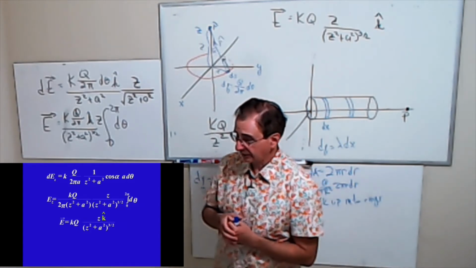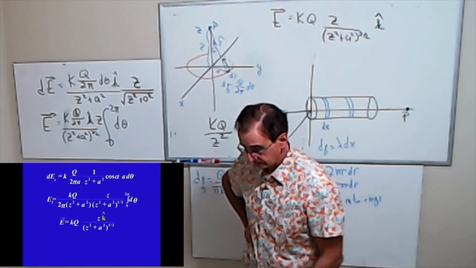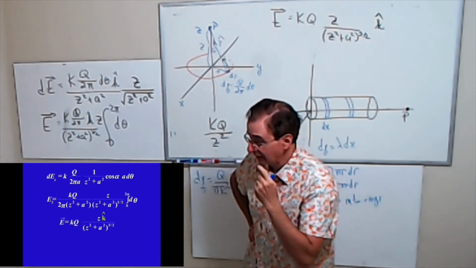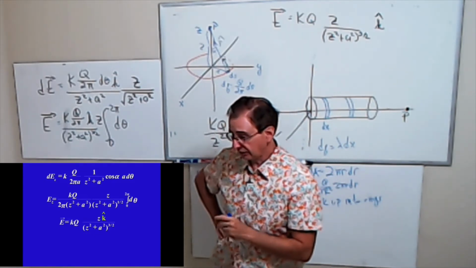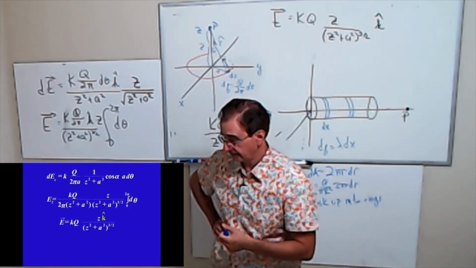I have to give you a good function where the integral is not 0. Let's say lambda depended on cosine squared theta. Then next to the d theta in that PowerPoint slide, you would see a cosine squared theta d theta.